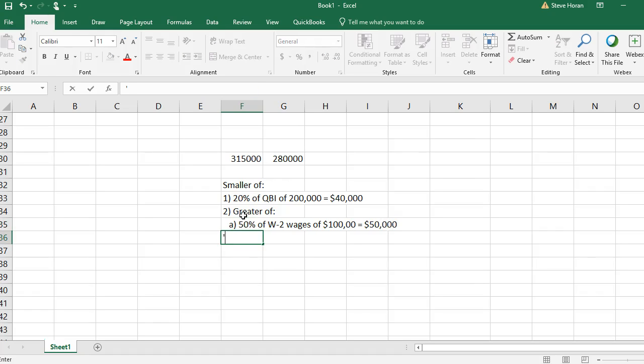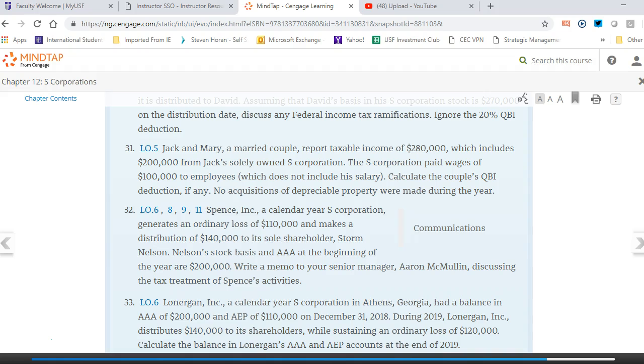Or B, and B is 25% of 100,000 again, plus 2.5% of the unadjusted basis of qualified property.